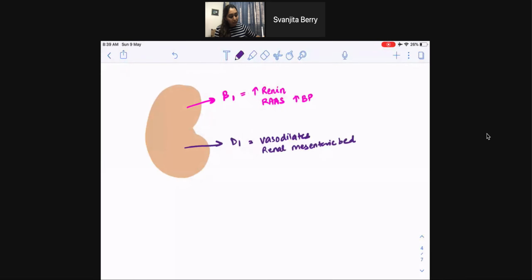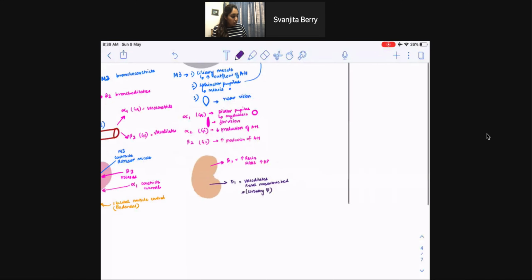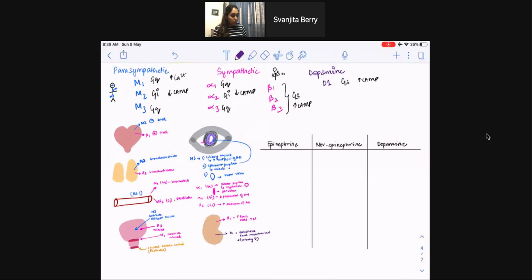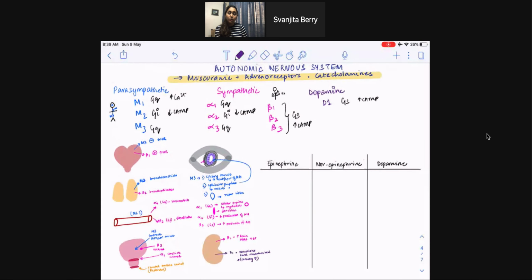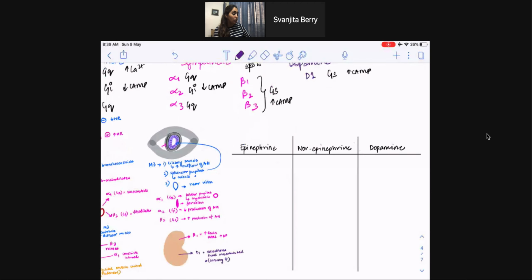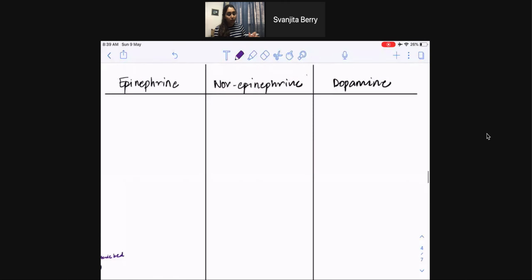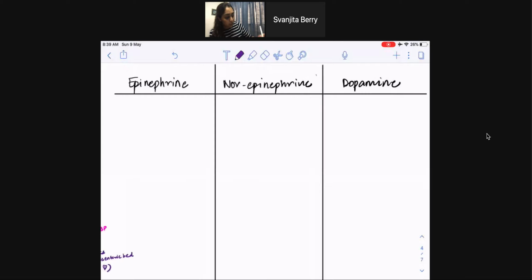D1 also vasodilates your coronary arteries in the heart, but more specifically, we're going to be talking about the renal mesenteric bed. Okay, so that is the locations and functions. Talking about the catecholamines, this should make sense now that you have some idea of the different receptor types.